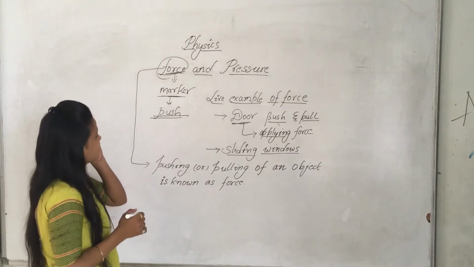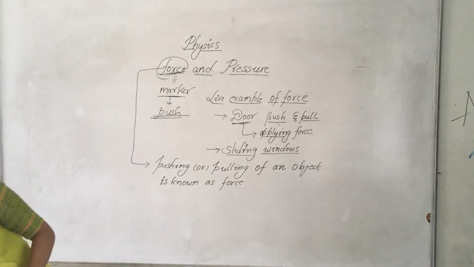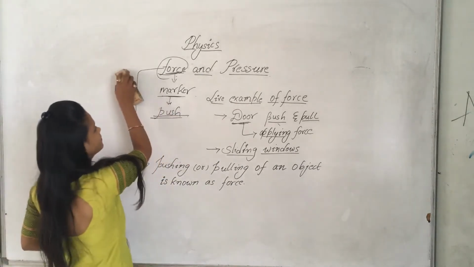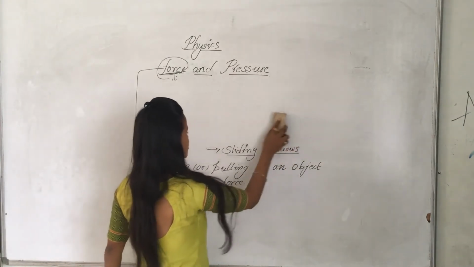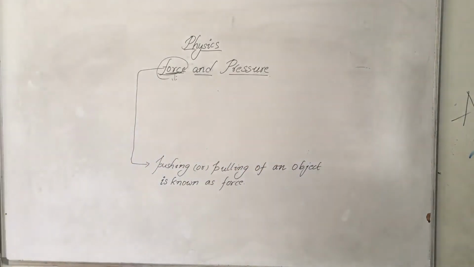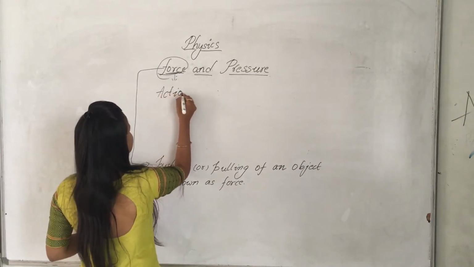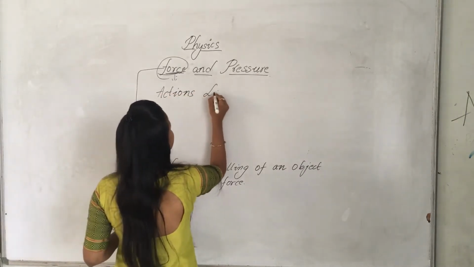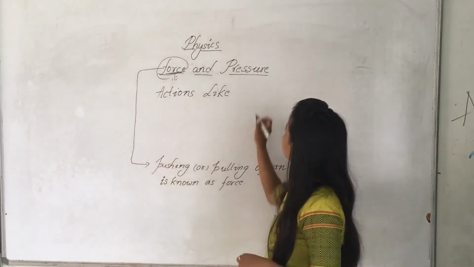Okay. Let us take some examples of force. I am giving these live examples so you understood. So let us start with some of the examples. Actions like, say me, actions like what?